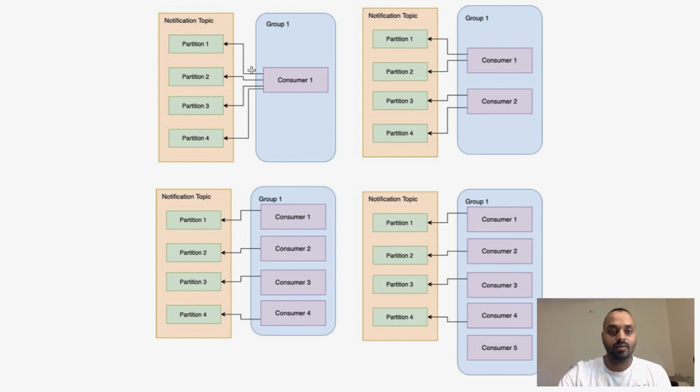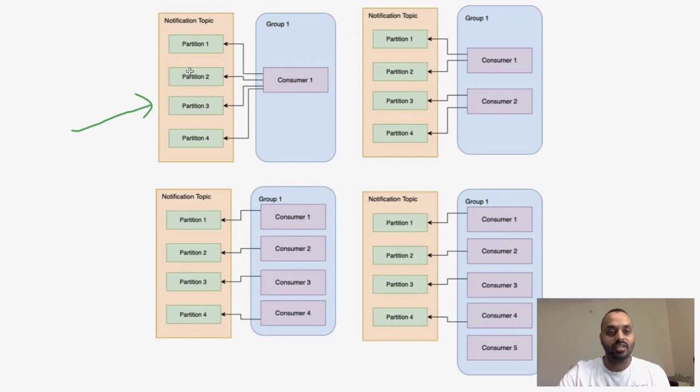So this is the example. Let's say we have a notification topic and it has 4 partitions. If you don't know about partitions, go to the I button, there is a video about partitions, like why we need partitions and how they are useful.